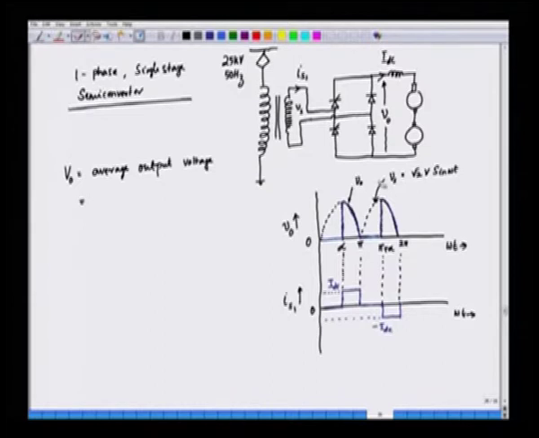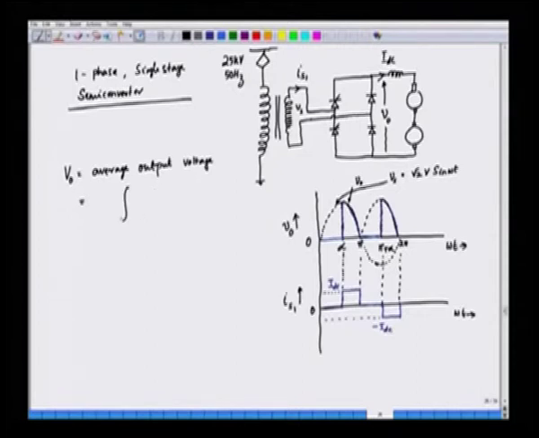So, this is the source voltage we have, Vs equal to root 2 V sin omega t. The source voltage goes like this in the negative direction also, and the rectification of that we have in the positive here. So, the average output voltage will be the average of this.